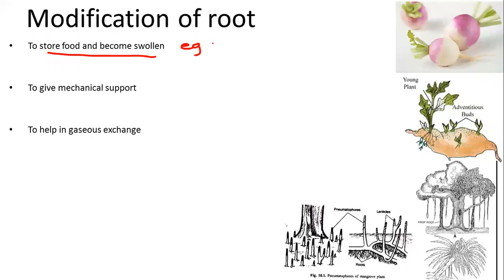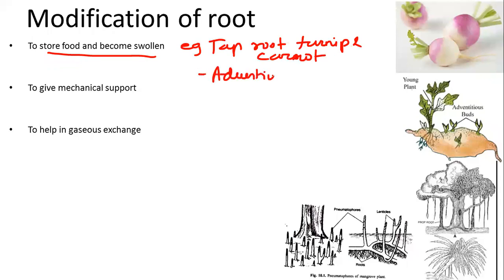Examples are the taproot of turnip and carrot, as well as the adventitious roots of sweet potato. You can see here the adventitious roots growing over the sweet potato, and this is the image of turnip.